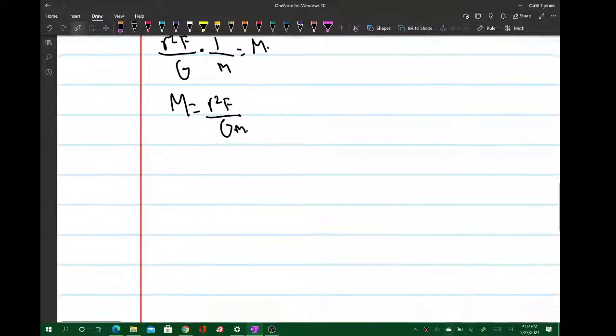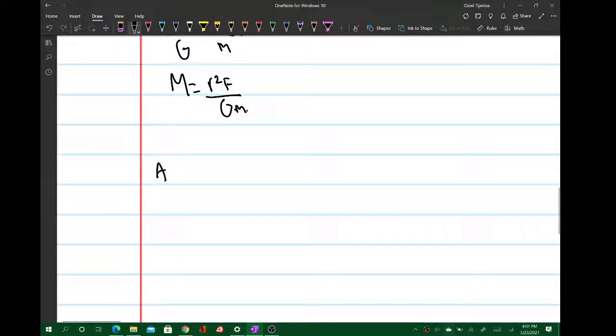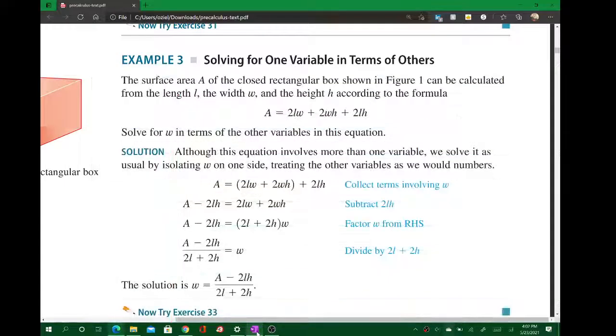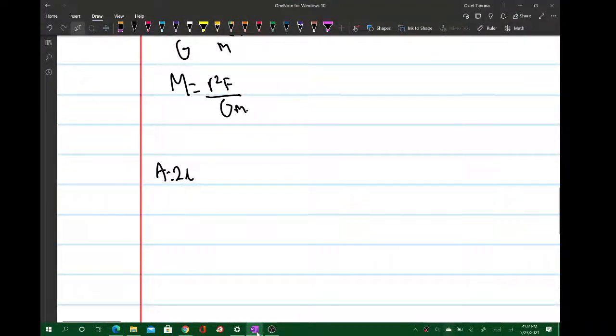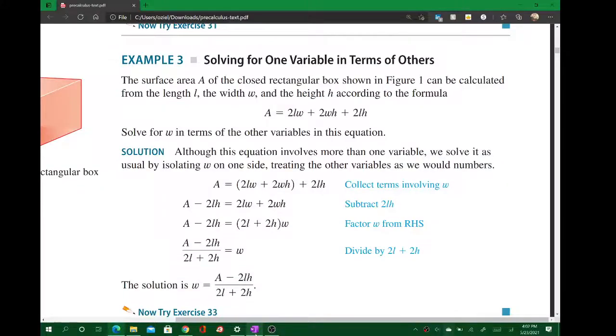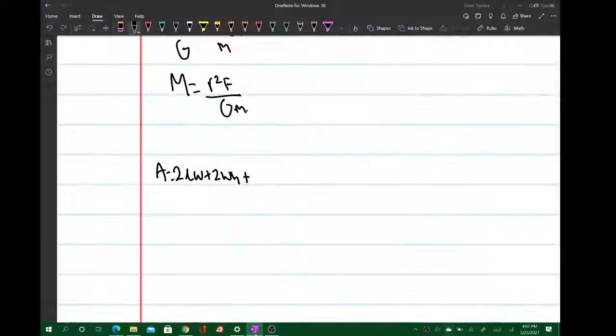So if we look at this formula here, A equals 2LW plus 2WH plus 2LH, right? Now, what do you notice about this one?